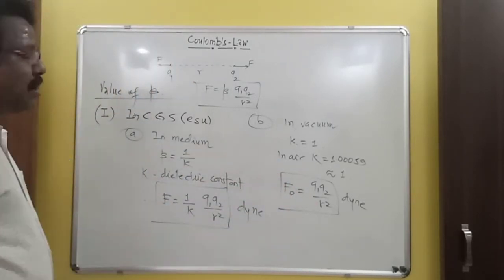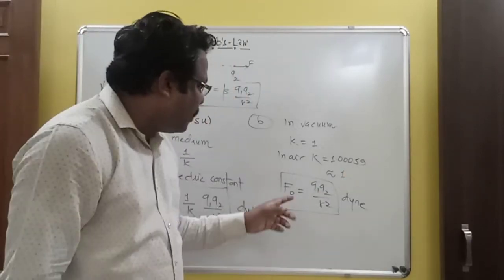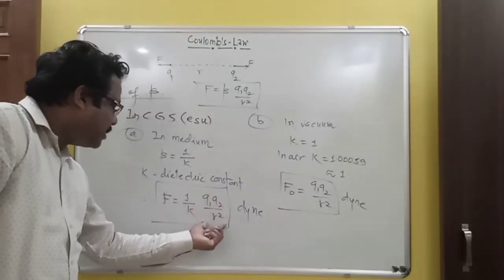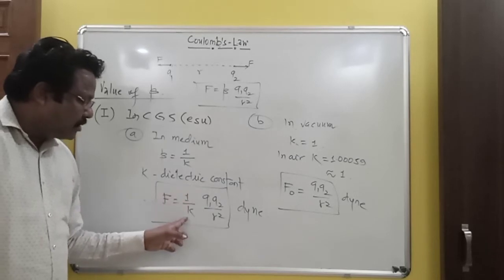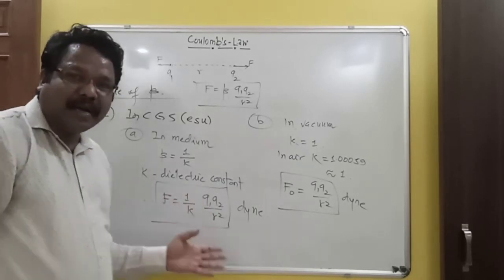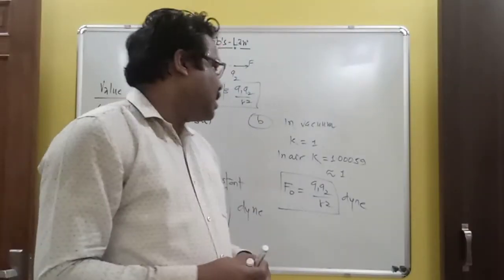Now from here you can see a very important result. In vacuum the force is simply Q1 Q2 by R square, but when you take the same charges, same distance apart, the force would decrease 1 by K times. How? Because the force becomes 1 by K Q1 Q2 by R square. Force becomes 1 by K times when you take the charges in a medium.